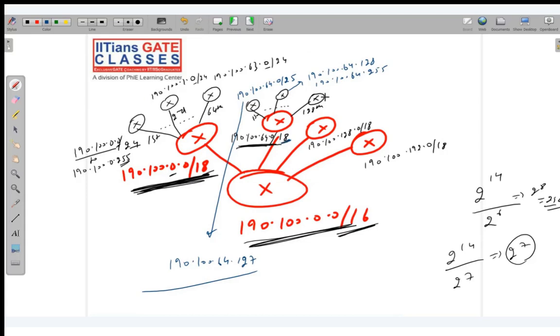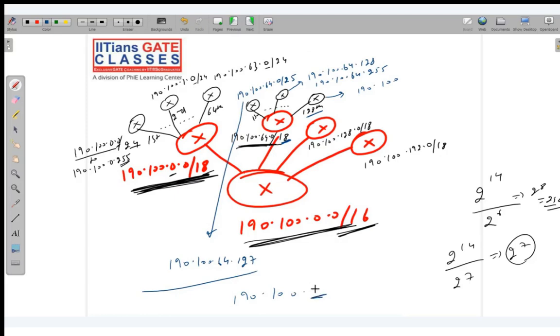Okay, and what about my last, 128th organization? It will start with 190.100. It means the last. See this. In the third octet, how many bits have you borrowed? 7 bits you have borrowed. Because it was /18 already, you have borrowed 2 bits from here already.